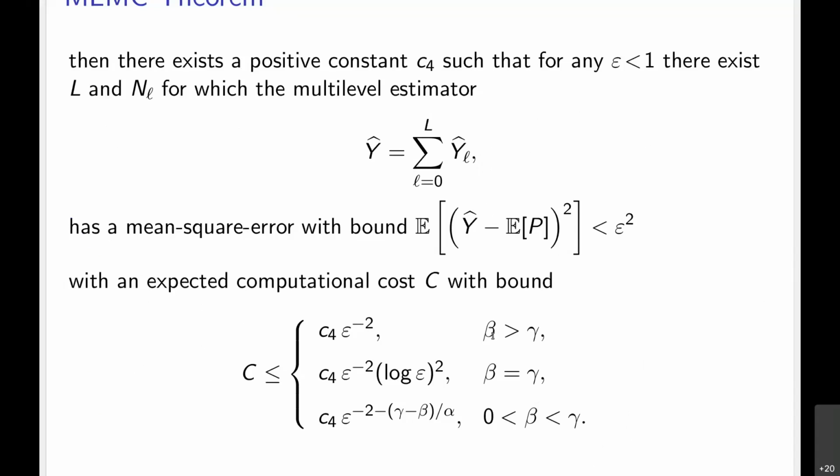If beta is greater than gamma, it's just epsilon to the minus 2, which is sort of the best that you'd expect from Monte Carlo simulation. If beta is equal to gamma, we get this extra log epsilon squared term. And if beta is less than gamma, which generally I try to avoid if possible, we get this more complicated expression, but it's still better than plain Monte Carlo.